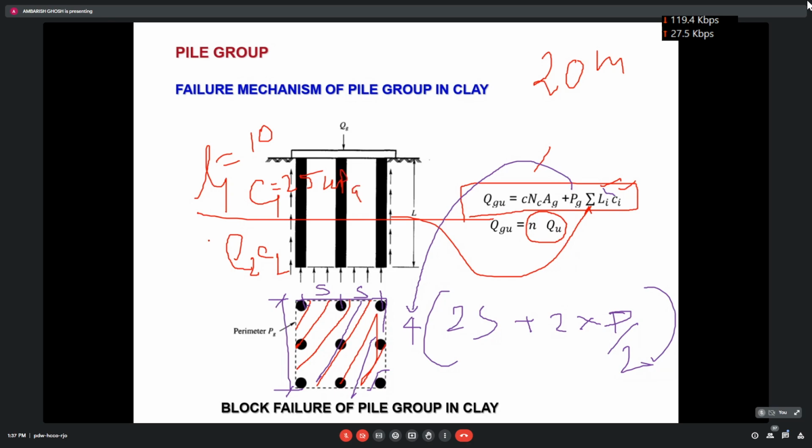And at the bottom, say L2 equal to 10 meter, but the soil profile is continuing, and C2 equal to say 40 kilopascal. Diameter of the pile you take 500. So you now calculate the capacity of the pile group. Can you do it? It will not take much time.